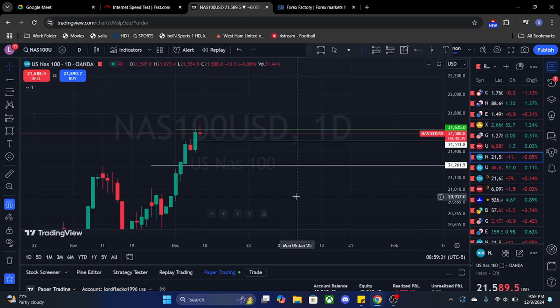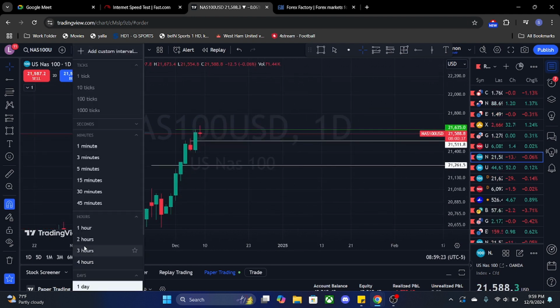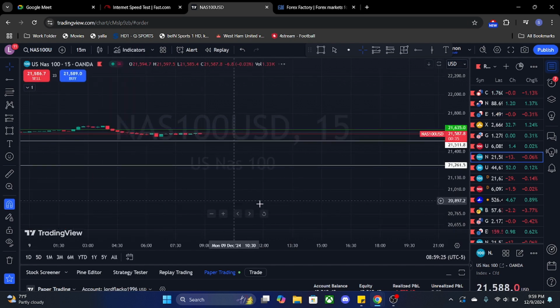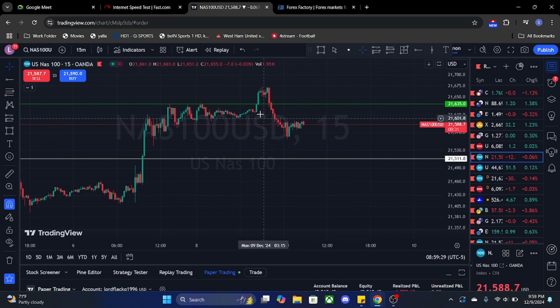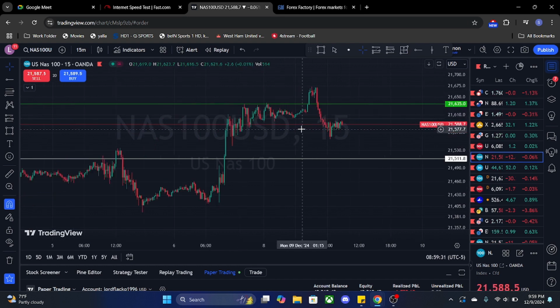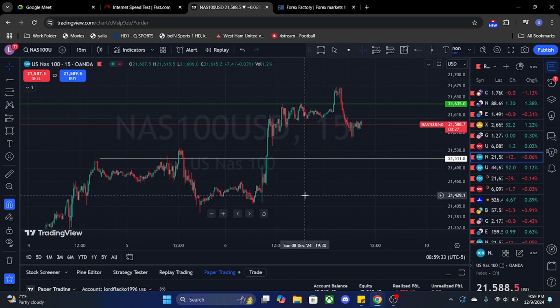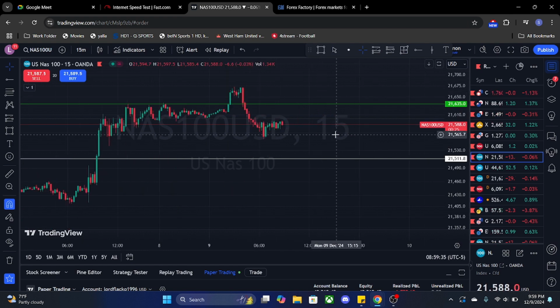So right now, if I go to the 15 minutes, because that's where the whole data is right now, you can see that after we swept this Friday's high, we made a change in the state of delivery over here during our morning session.